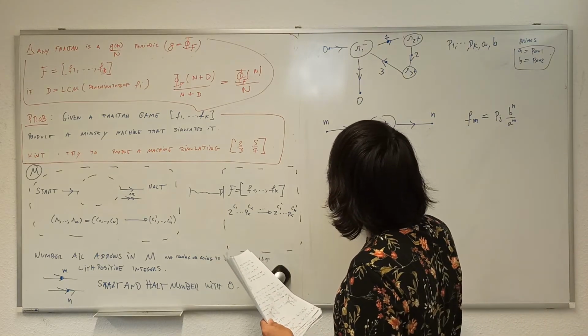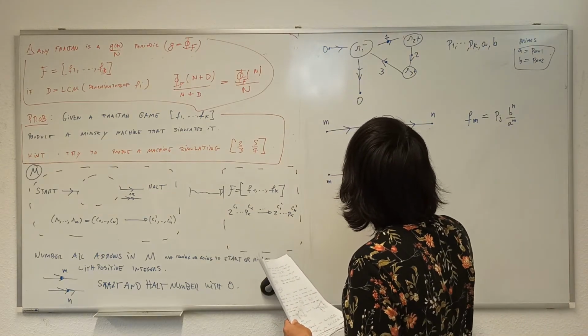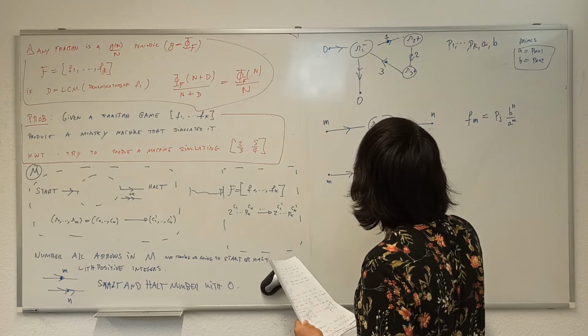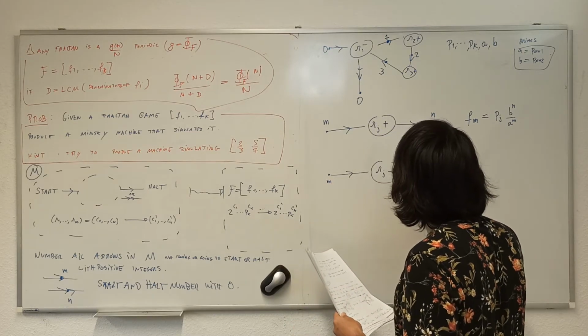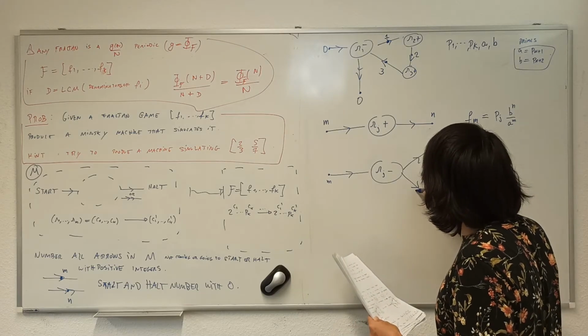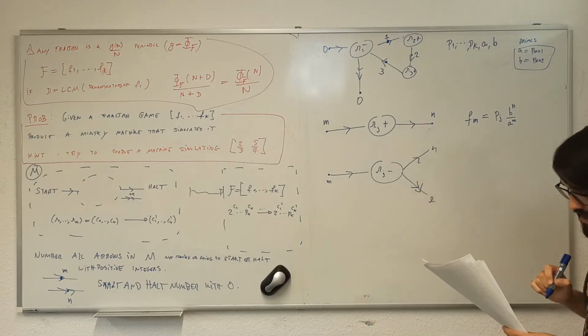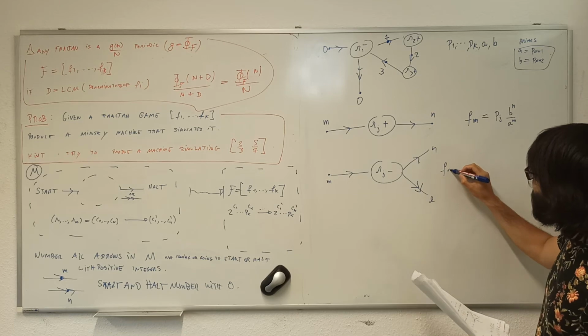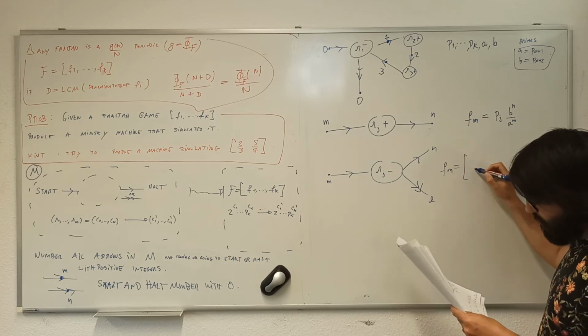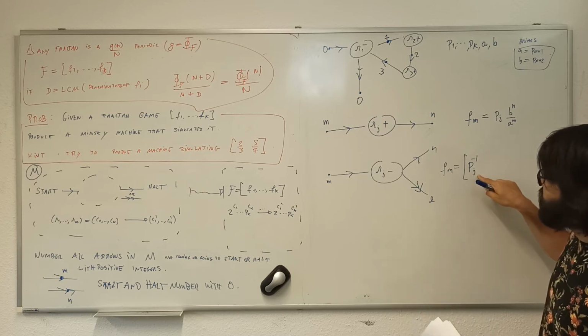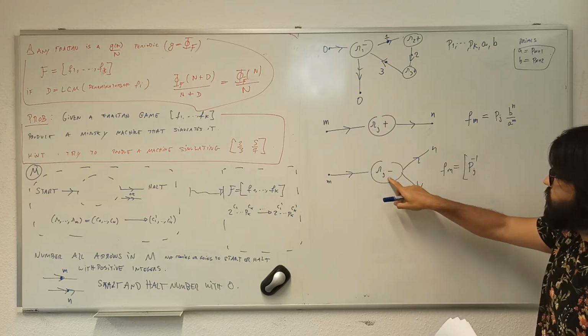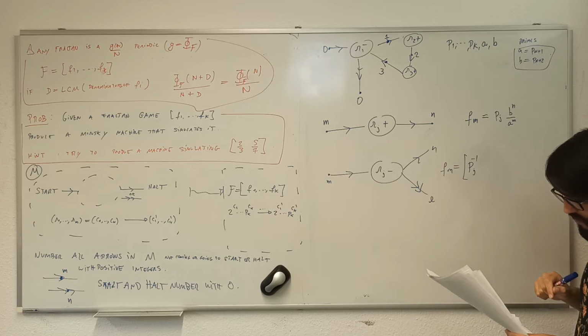If I have something like an m going to a minus, and this minus would then have 2 options. Let's say n and l. Then you have a pair of fractions, which would be, I have to subtract 1 from register j, so I need to put pj minus 1.